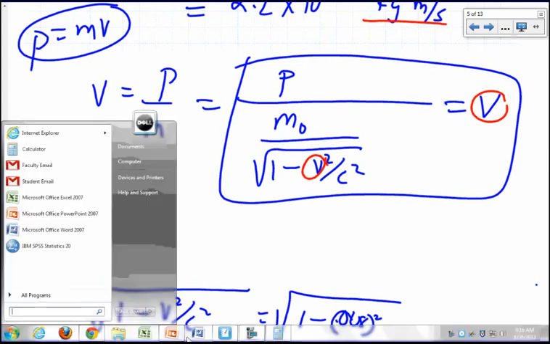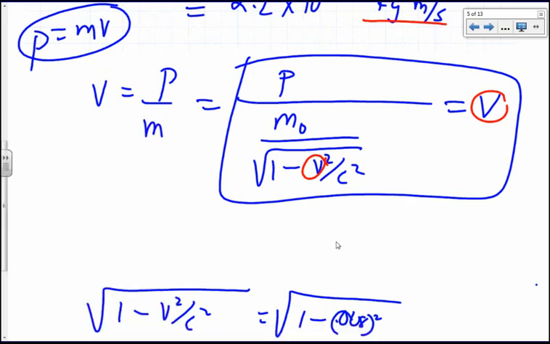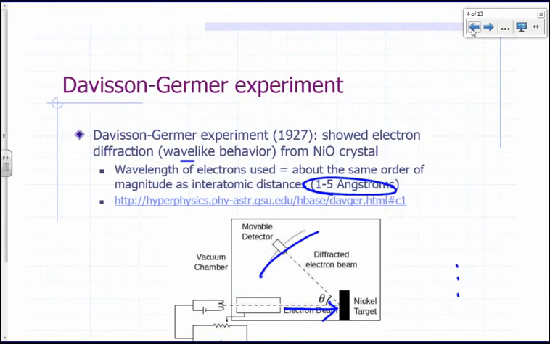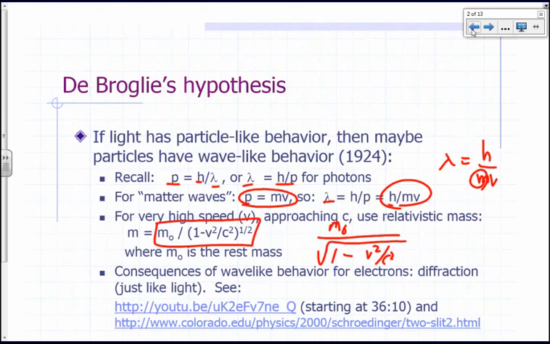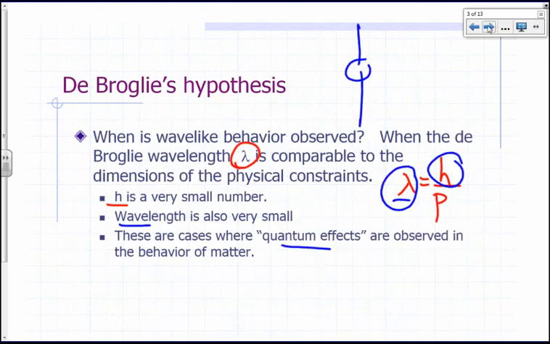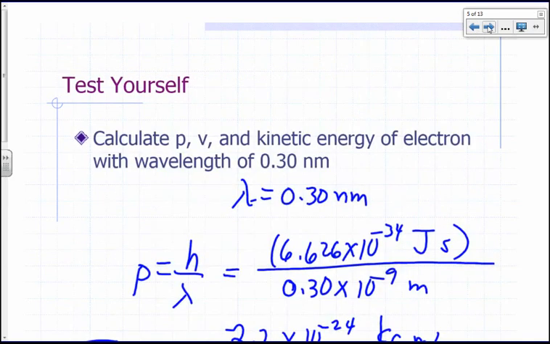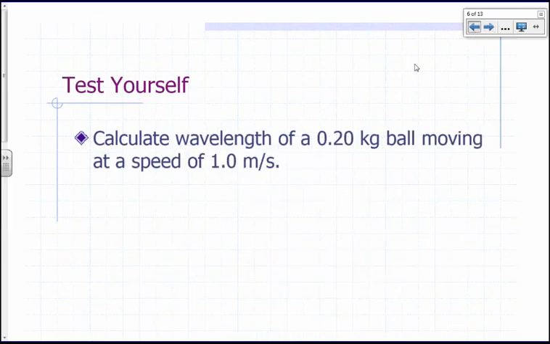In fact, let's see if we can do that in MathCAD. Is that the right formula, by the way? Let's see. Do I have it right in the numerator or the denominator? Yeah. Okay. All right.